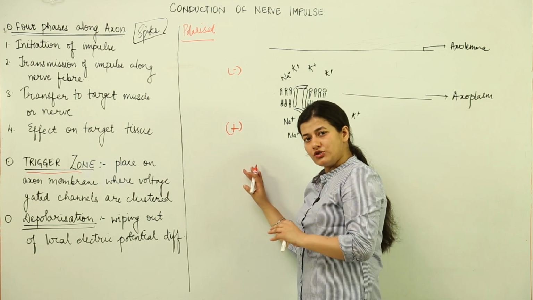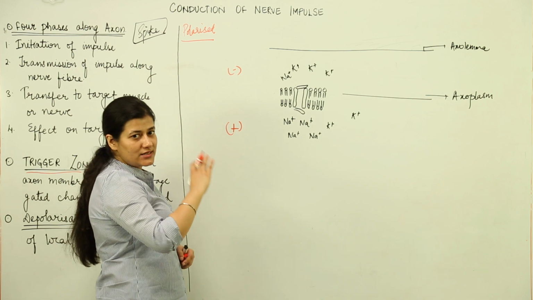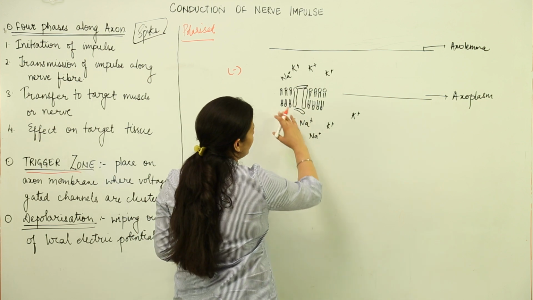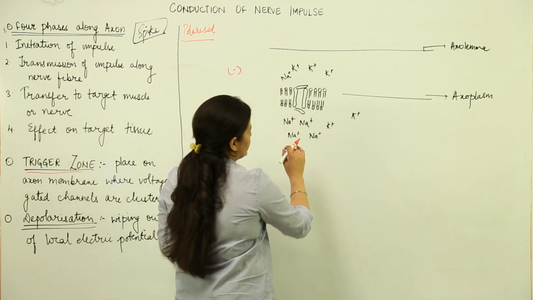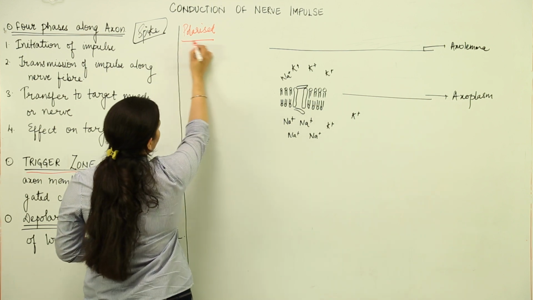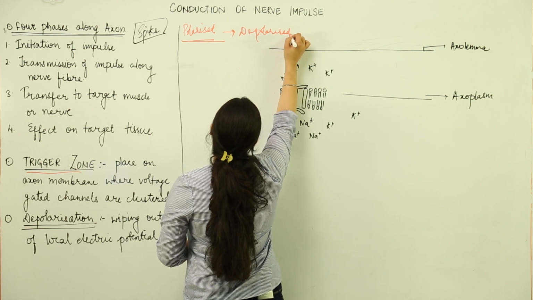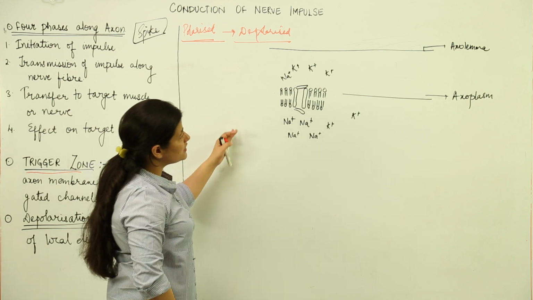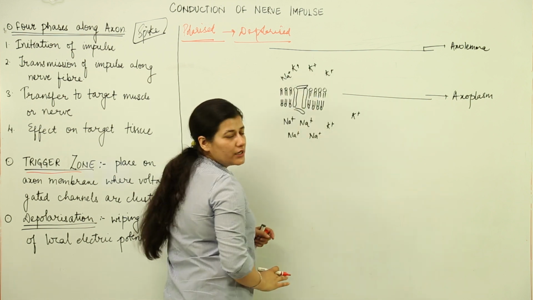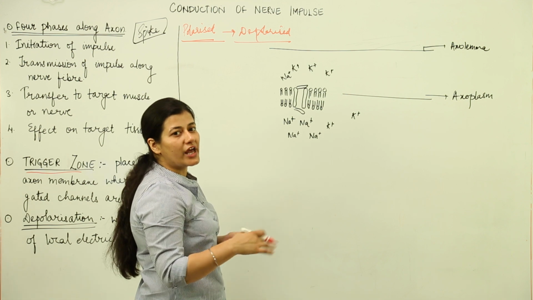When depolarization takes place, the trigger zone will enable the opening of sodium gated channels in such a way that there is an inflow, a gush of sodium ions getting inside the axoplasm. So when the impulse arrives at the trigger zone, the polarized membrane becomes depolarized. Earlier we had more positive charge here and negative charge over here. When the impulse arrives at the trigger zone, the voltage gated channels open up.